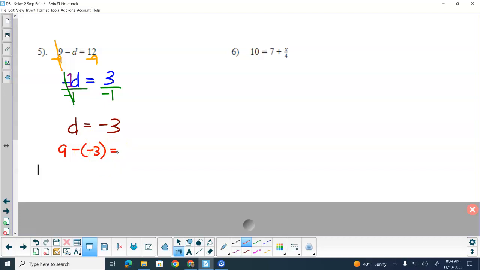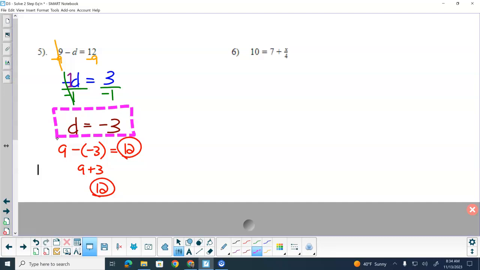Nine minus a negative is like plus. 9 plus 3 is 12, and 12 is equal to 12. So now we can be excited and brag about our answer.